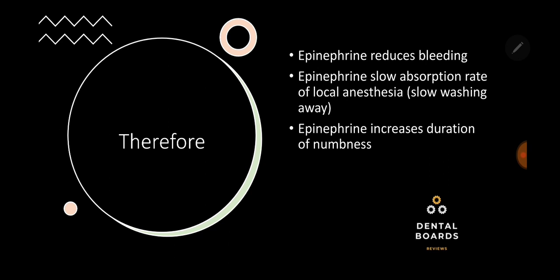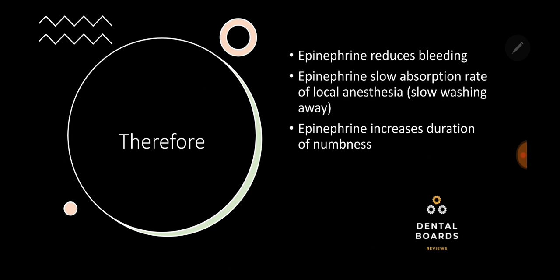This is the washing away concept that I told you, that it's not going to be washed away by the blood into the bloodstream. It is going to leak into the bloodstream very slowly. So the patient usually gets numbed up for about 3 to 4 hours, before the numbness starts wearing off.